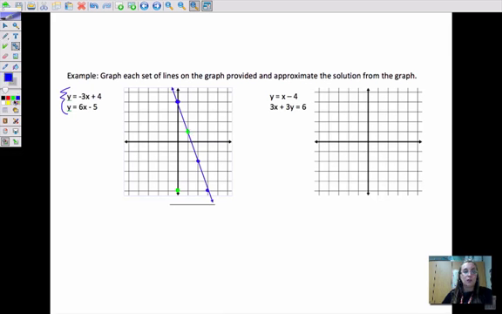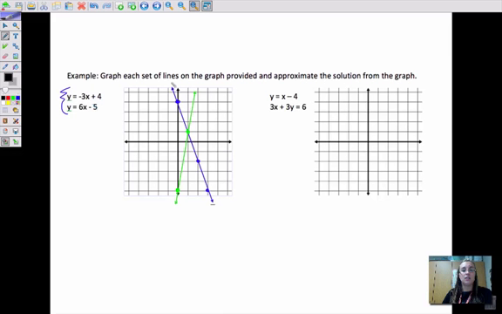And then I use my line tool here. So I've got my two lines, and I can see very easily that there's only one spot where they will intersect. So my solution, the point that will work in each of these equations, is where they intersect.